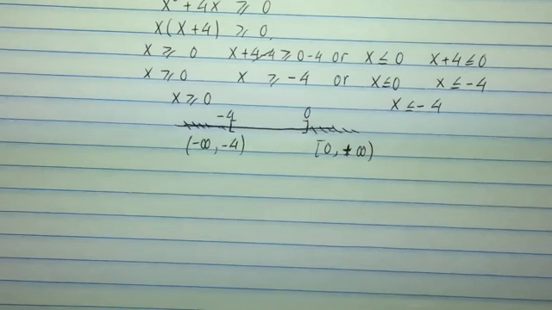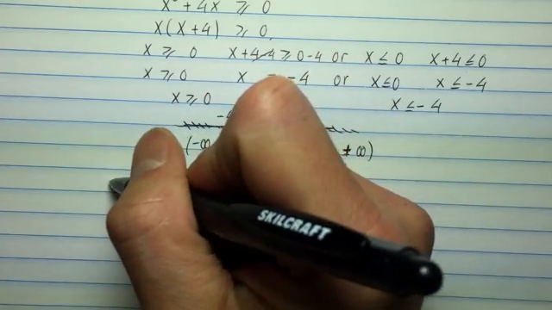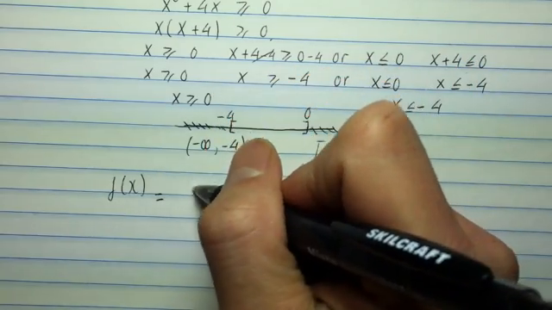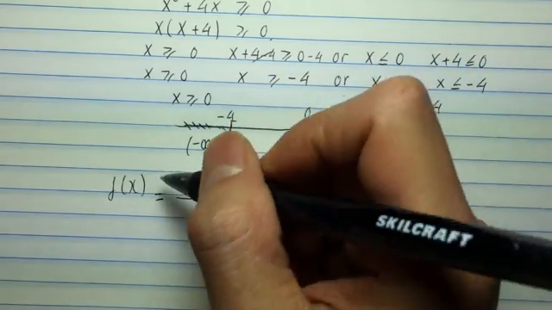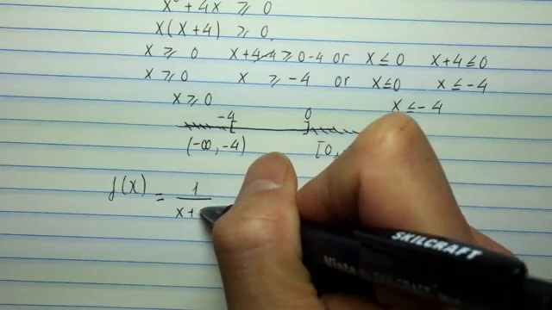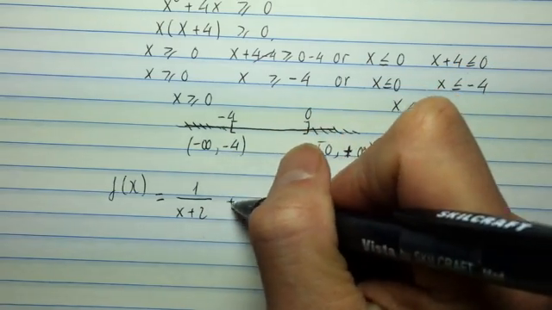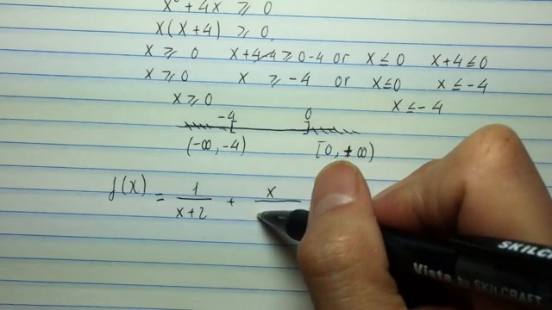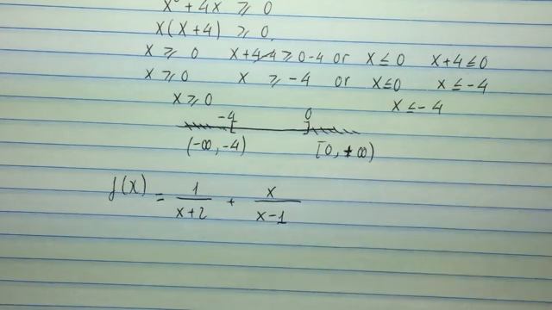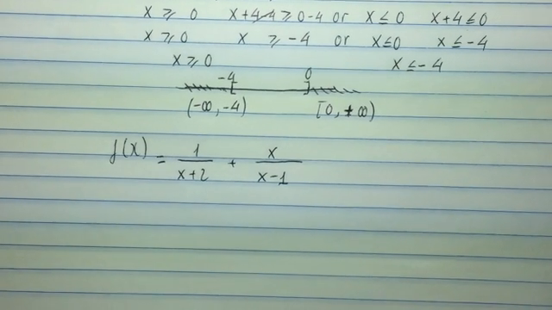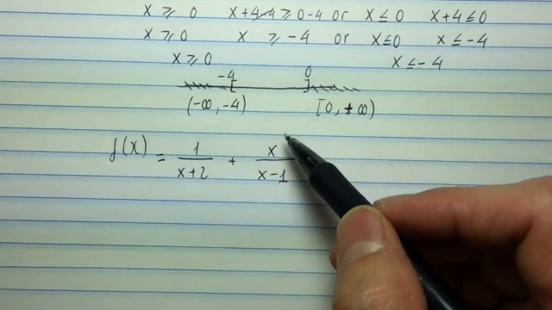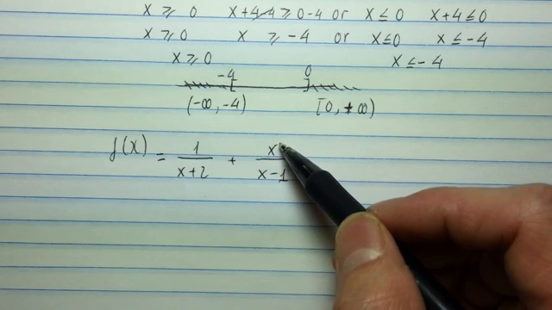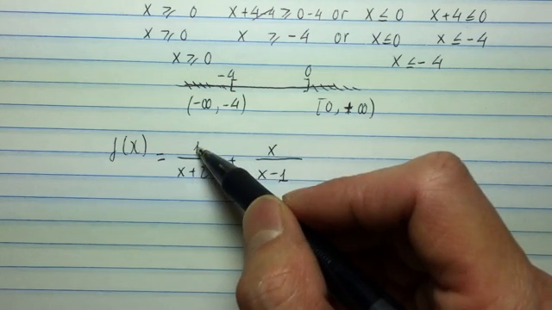Now I will do another example. I have a function f(x) equals 1 divided by (x plus 2) plus x divided by (x minus 1). The numerator x can be any number, so we're not really worried about x.